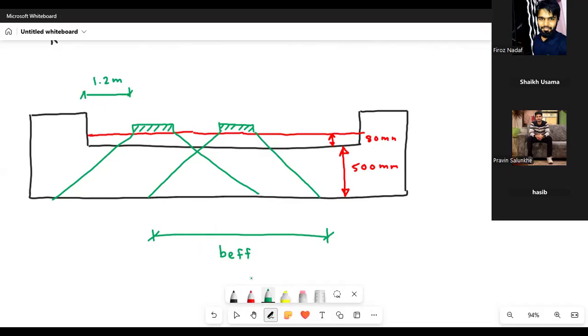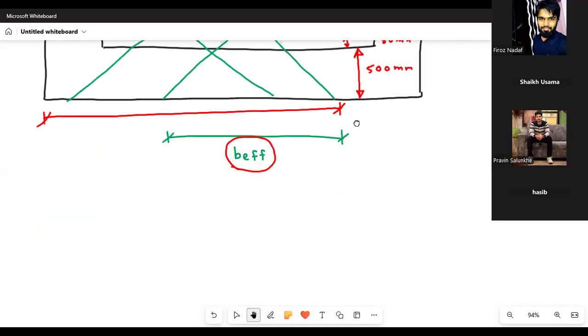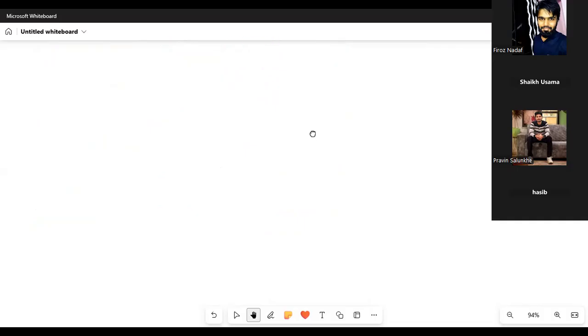First we need to find this B effective, and then the total dispersion of both tracks. This is the total dispersion along the width. Already we have calculated dispersion along the length, and now we are interested in finding dispersion along the width. So first we will find this B effective.